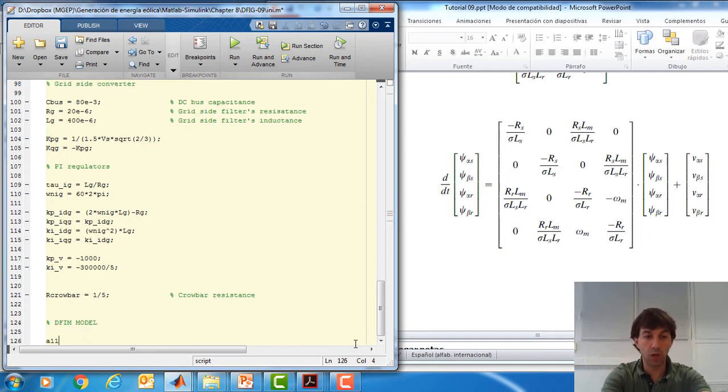Okay, so A11 is going to be minus RS divided by sigma divided by LS.